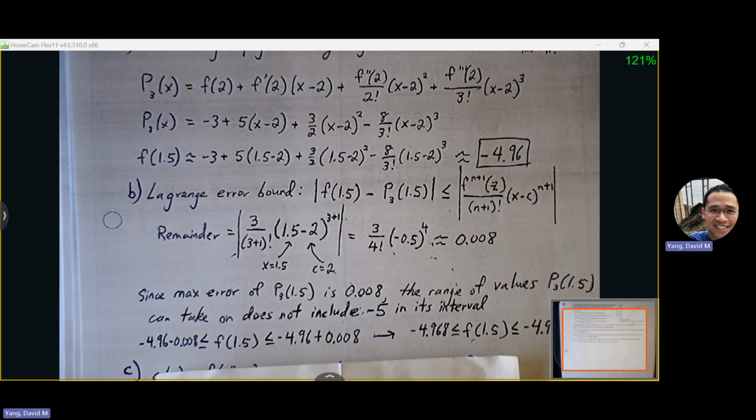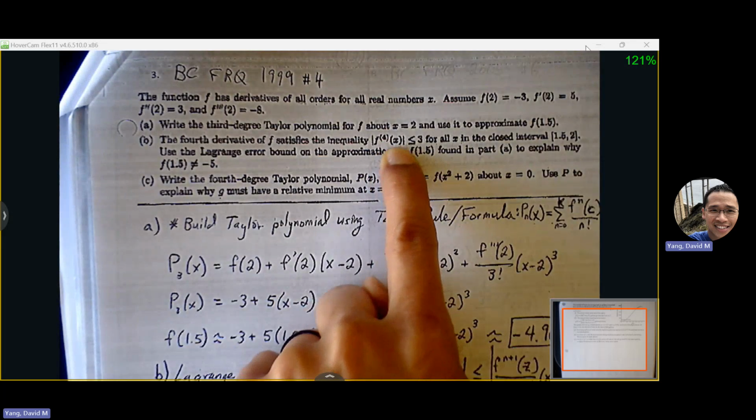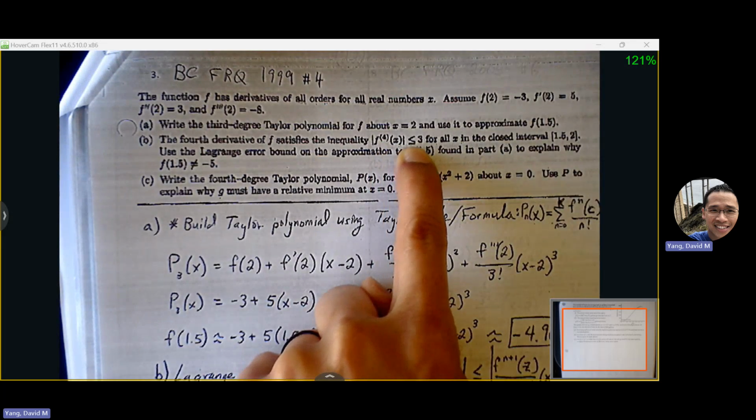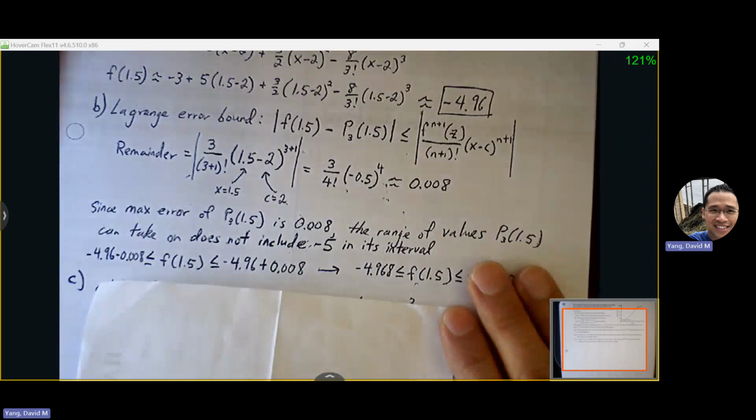So the fourth derivative evaluated at z, we're going to maximize this value, over 4 factorial. My x is 1.5, my center is 2, and my n plus 1 is 4. They tell us that the fourth derivative is maximized at 3, so replace that upper bound with 3.